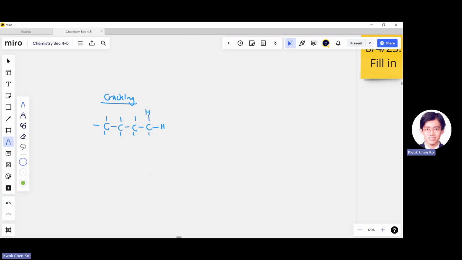Okay, what's the name? Yeah, but the specific name? How many carbons are there? Yes, butane. All right, so I crack it. All right, I would get this H2 plus this.